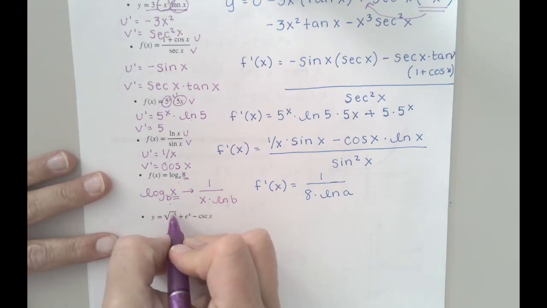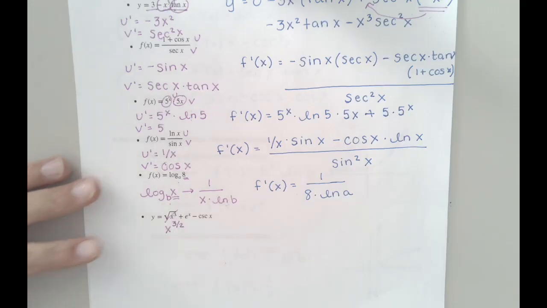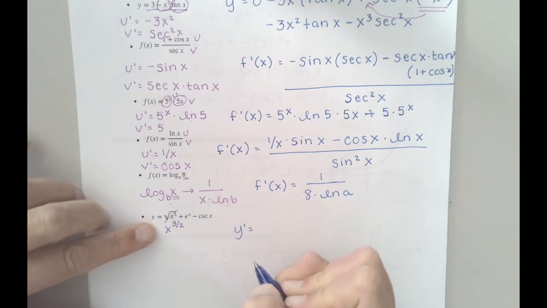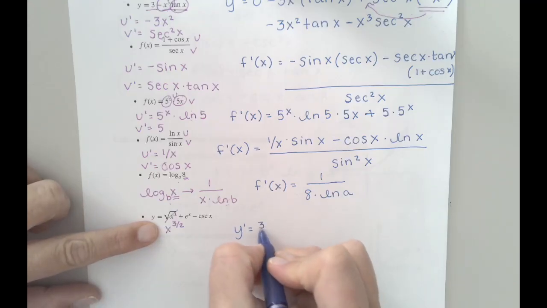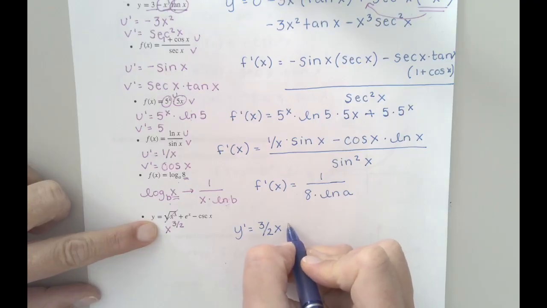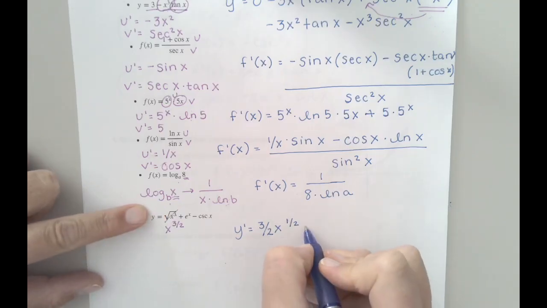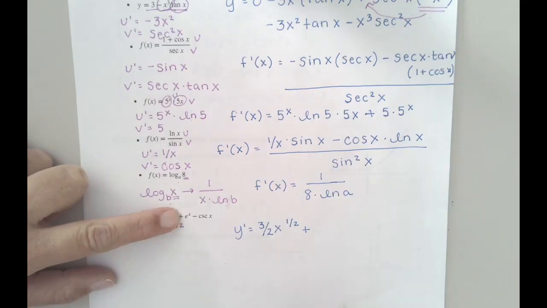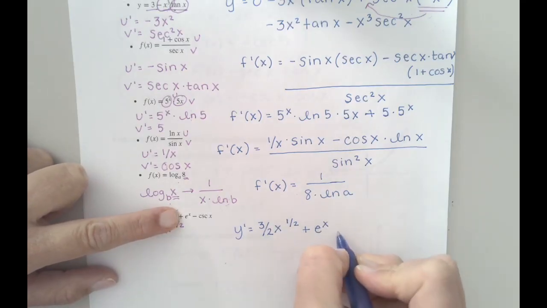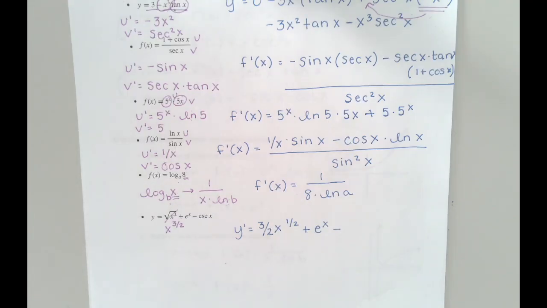The one thing I would do is rewrite this thing as x to the power of inside over outside, so it'd be 3 over 2, before I try to take a derivative, and I can use the power rule. So my derivative of x to the 3 halves would be 3 halves x, and then 3 halves minus 1 is like 3 over 2 minus 2 over 2, so that'd be a 1/2 power, plus derivative of e to the x, that's one of our favorites, derivative of e to the x is just e to the x, minus, now derivative of cosecant, if you need to go back and look that up, go for it, it is negative cosecant times cotangent.